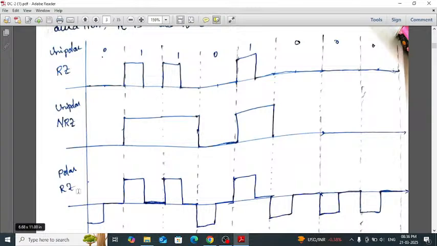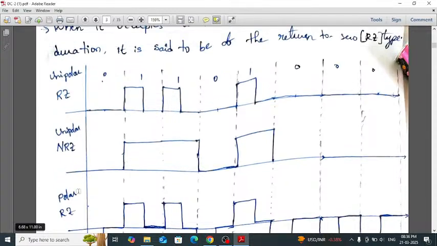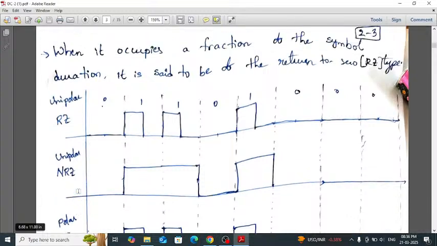Take only unipolar return to 0 and unipolar non-return to 0, up to this is enough.